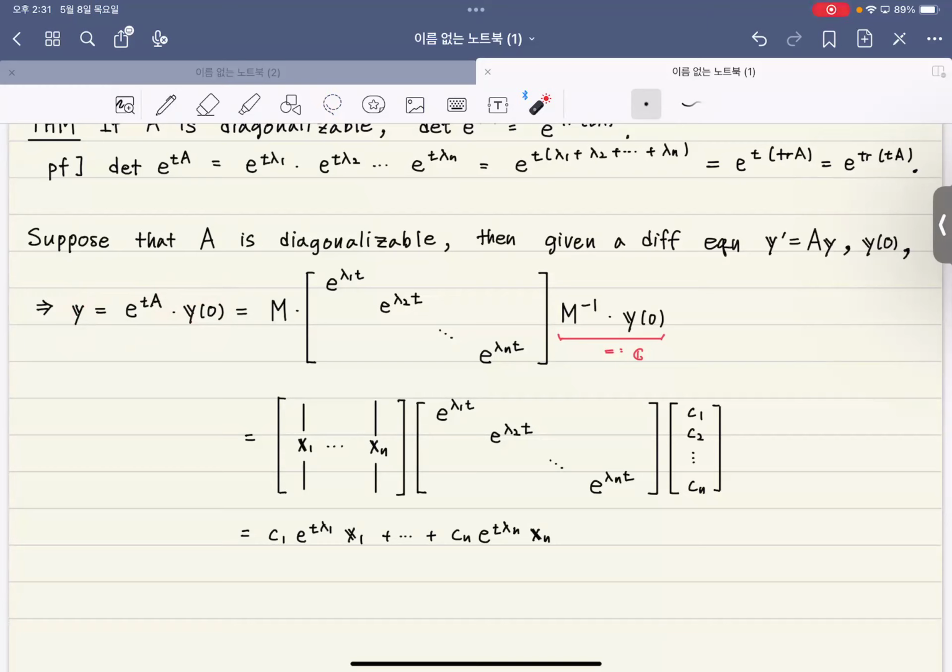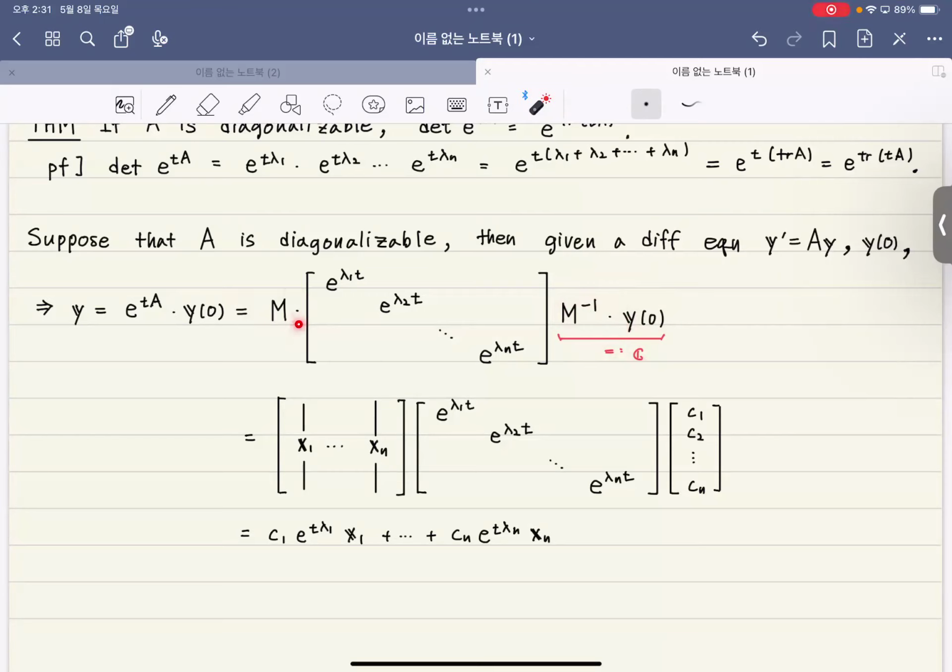This matrix exponential is M times this diagonal matrix with exponential functions times M inverse times the column vector y of 0, right? But I'm going to declare M inverse times y0 to be a column vector. I will just name it c.